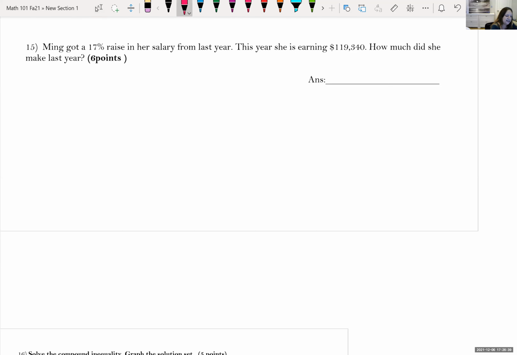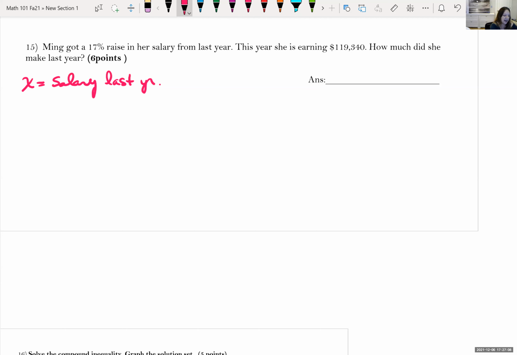So let X, just because I'm so used to putting it over here, let X equal the amount made last year, her salary last year. She got a 17% raise.